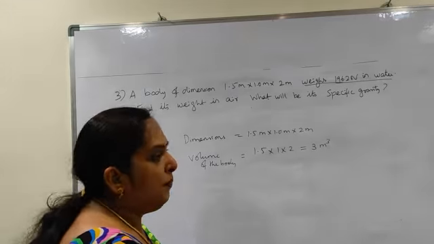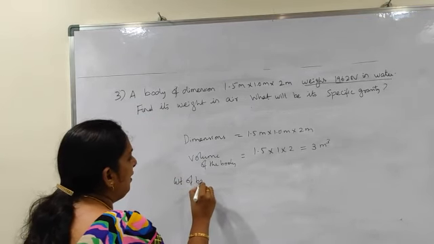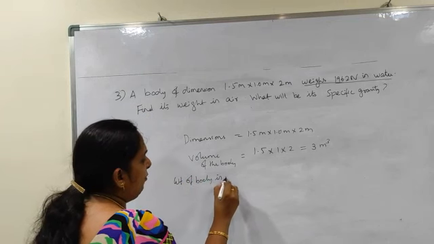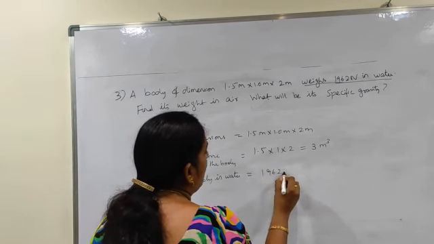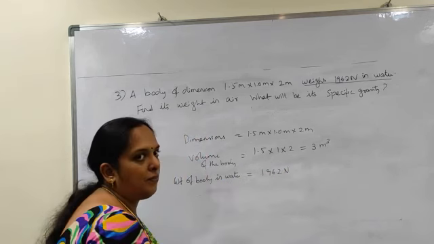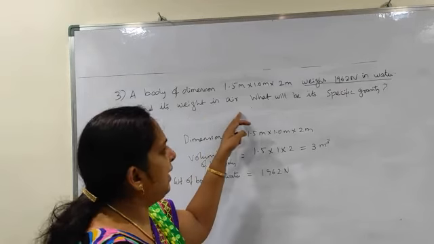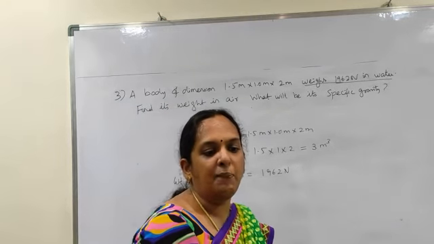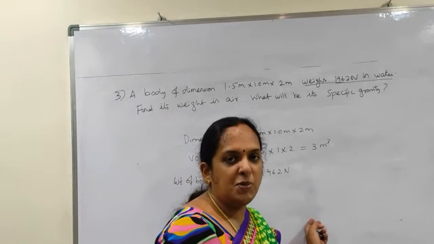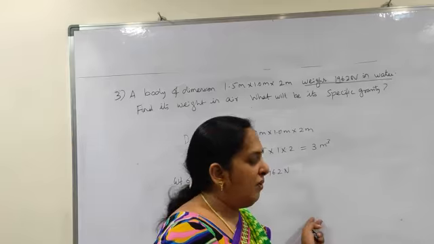And what is the weight of the body they have given? The weight of the body in water, that is very important. They have given 1962 Newton. What I have to find out is the weight of the body in air, and after that the specific gravity. As per Archimedes principle, the volume of the water displaced will be equal to the volume of the body.